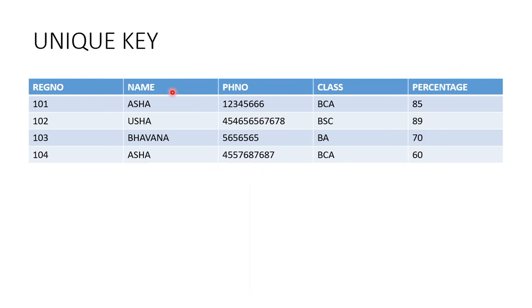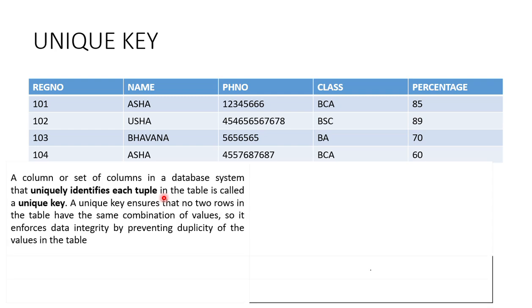So next is a unique key. The candidate key and the alternate key all serve as a mechanism in terms of uniqueness. Uniquely it identifies any data in the table. So that is a unique key. The difference is that it ensures that no two rows in the table have the same value.